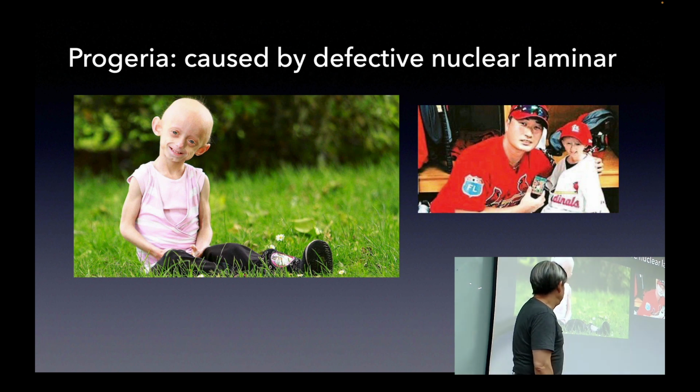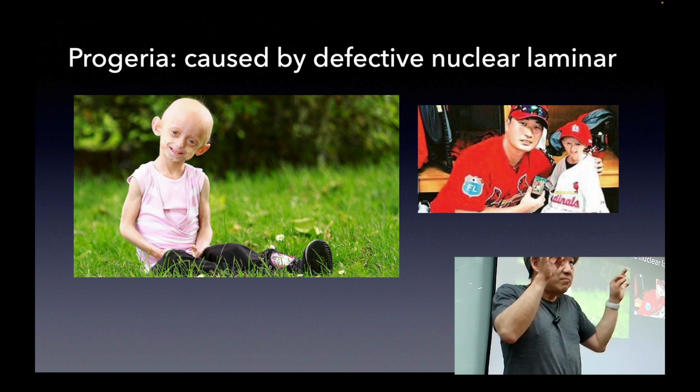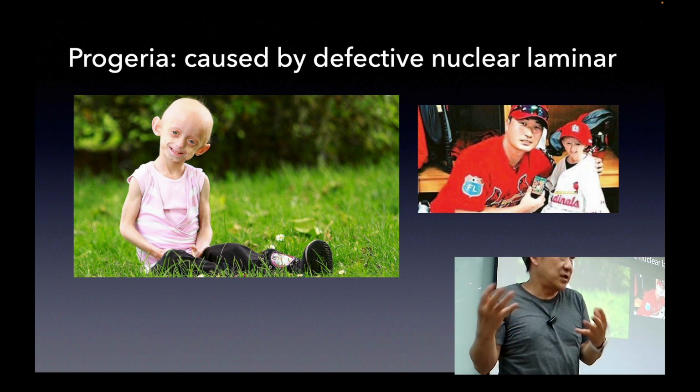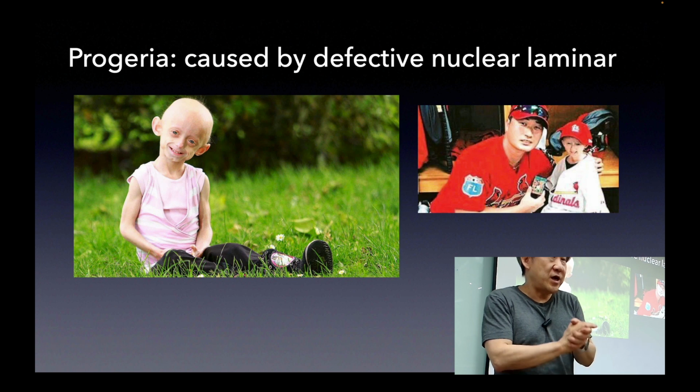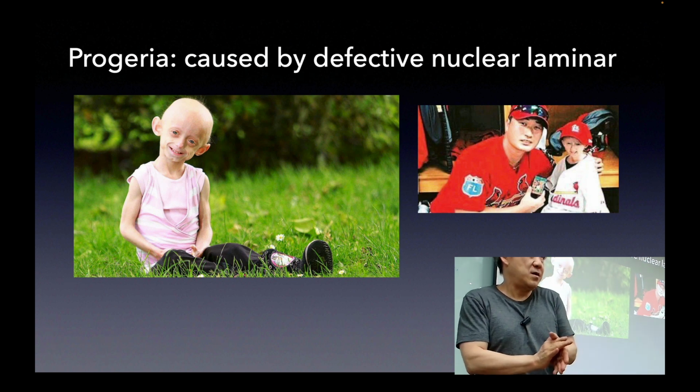So this young lady is probably in her teens, probably 12 or 15, I don't remember exactly, but she would not be able to pass her 20s because her physical age is already something like 80s or 90s. That's what progeria is defined as, a premature aging syndrome. And this is a genetic disease.